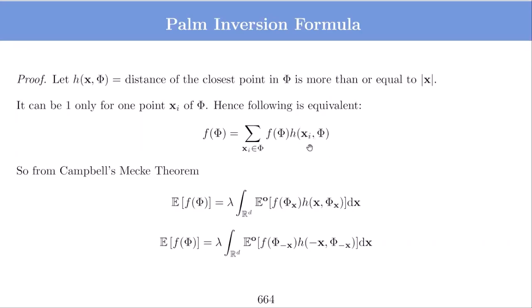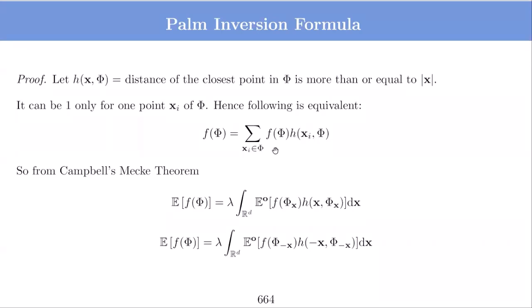It means xi is the closest point from the origin. Okay, and there can be only one point which is the closest one, right? So only one of the h(xi, phi) will be 1, rest will be 0. So this will be equal to f(phi) times 1, and that is why the left hand side and right hand side are equal.